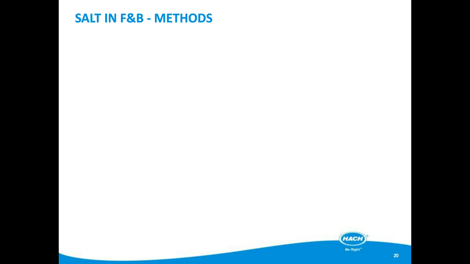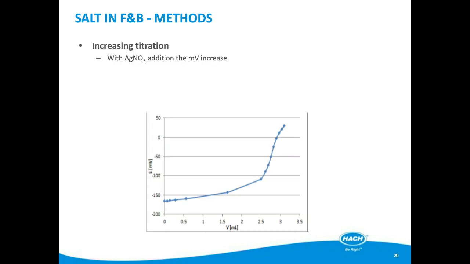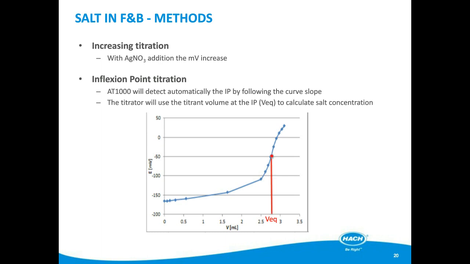Regarding the method, it's also an increasing titration, so when you add silver nitrate in your sample, the millivolt increases, so you will have this kind of curve, and the system will automatically find the inflection point, which corresponds to the volume that you need to calculate the correct result.